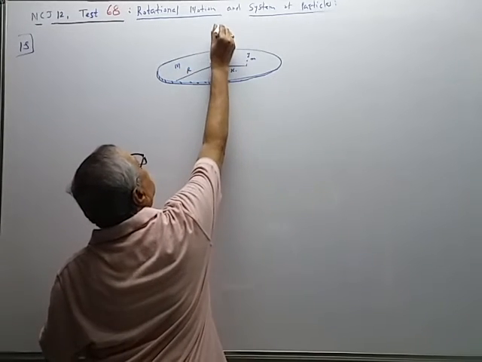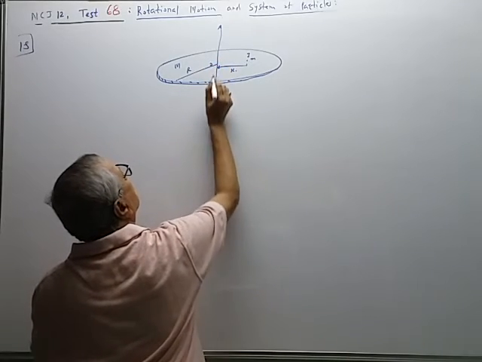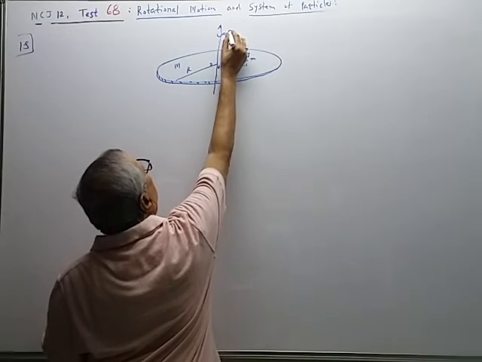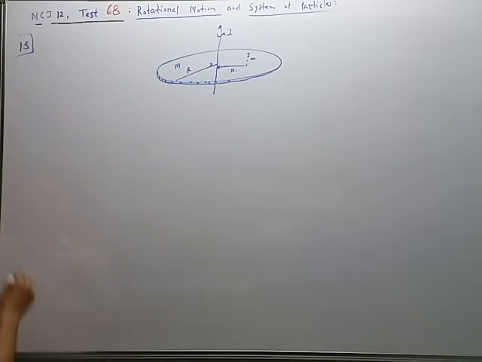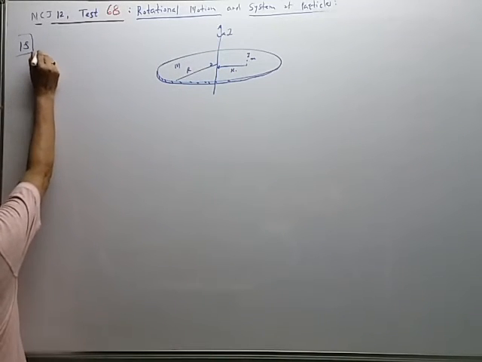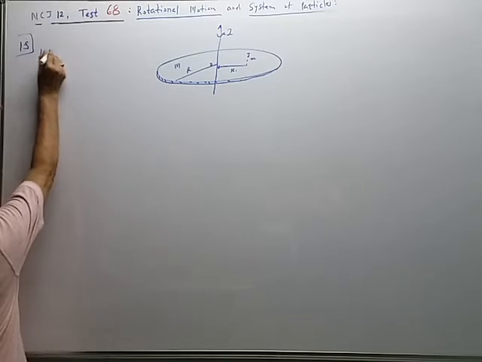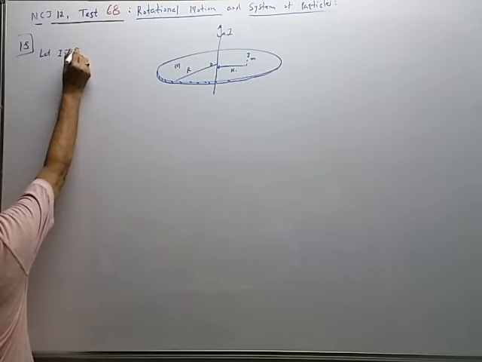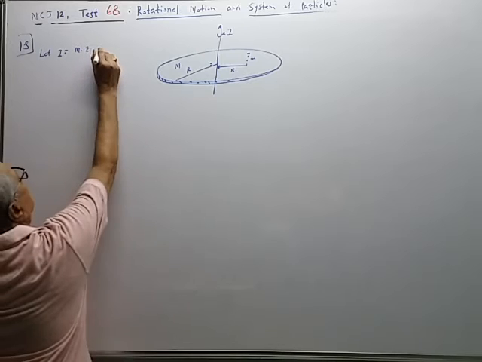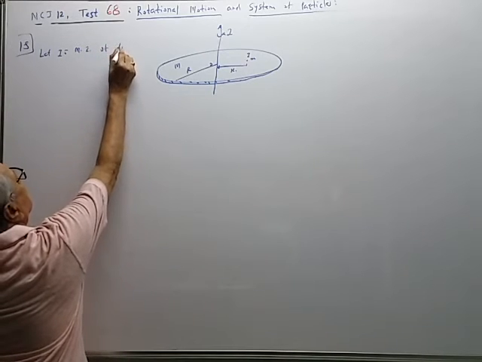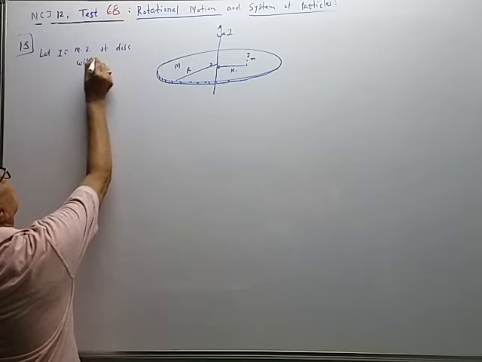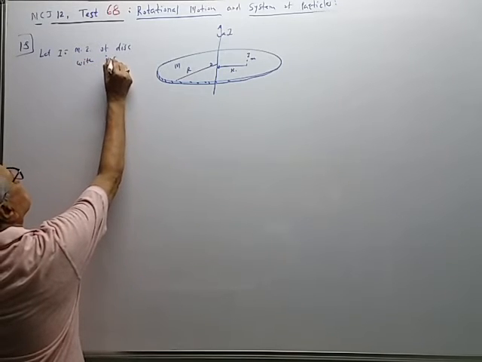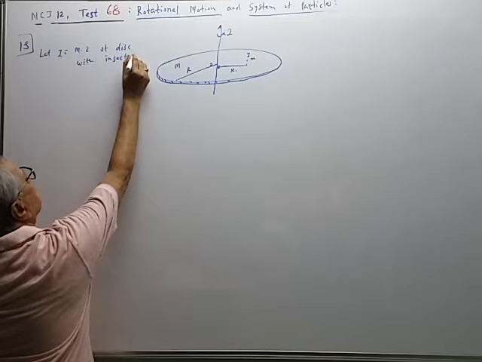So about this axis, moment of inertia I is equal to, let I be the moment of inertia of the disc with insect.